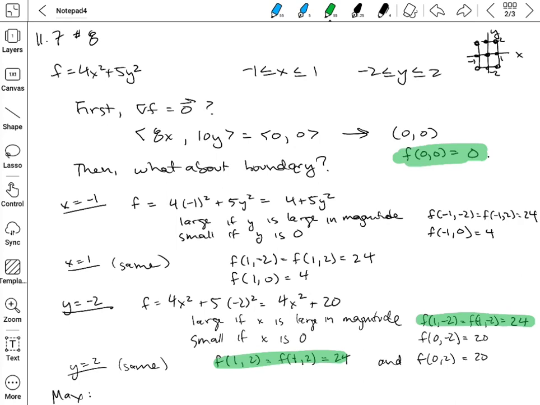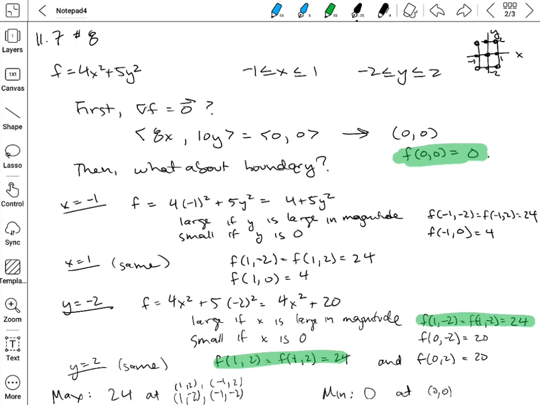When we plug in x and y equal to 0, we get 0. So the max is 24 at the points (1, 2), (-1, 2), (1, -2), and (-1, -2). And the min is 0 at the point (0, 0).